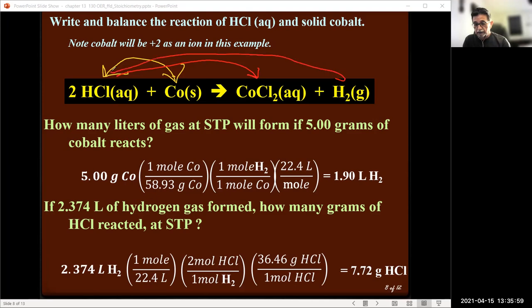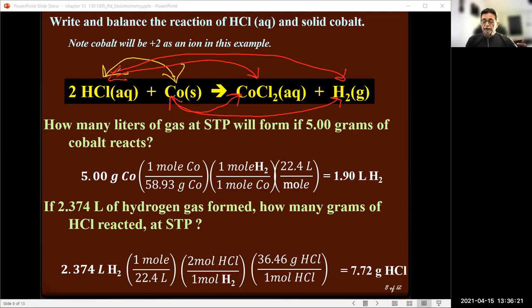So HCl and hydrogen, or cobalt and cobalt 2 chloride for hydrogen, okay? And we can go in both directions. Right now I'm shooting the arrow in one way, but it's a two-directional arrow with respect to the calculations.